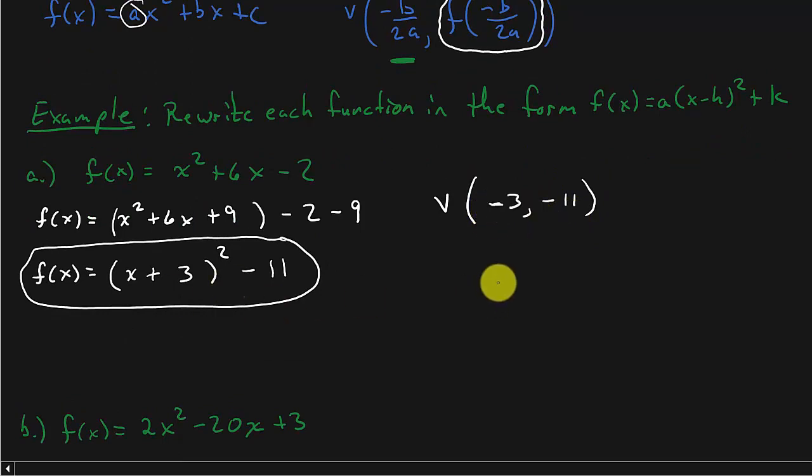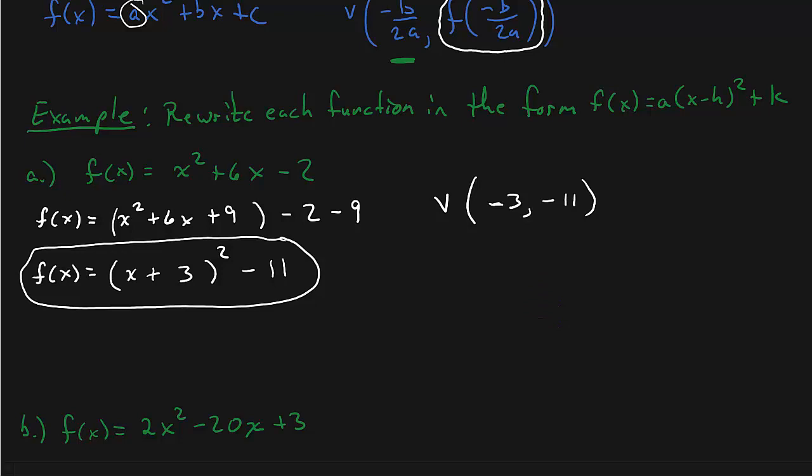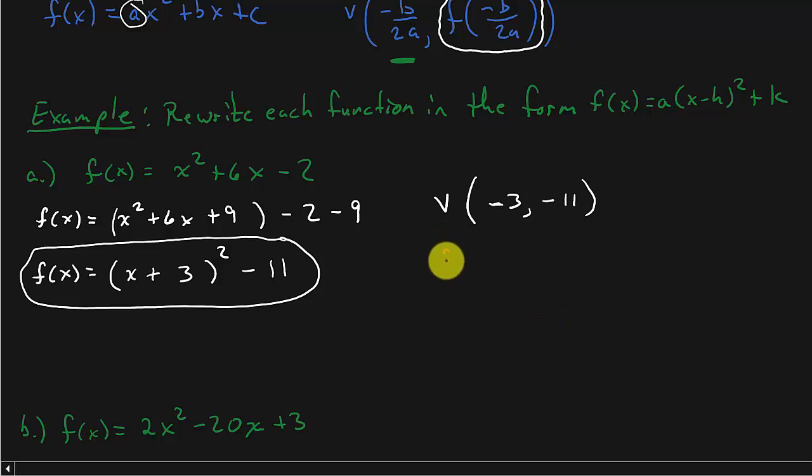Now, you might have thought that the vertex was 3, negative 11 because of the plus in front of the 3, but that's not the case. If you look at this, we've got f of x is equal to x plus 3 squared minus 11. Now, this is in the form f of x equals a times x minus h squared plus k.